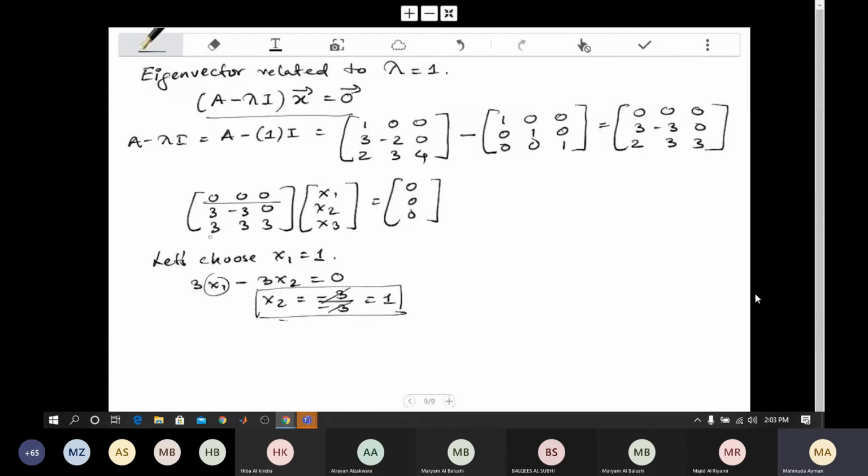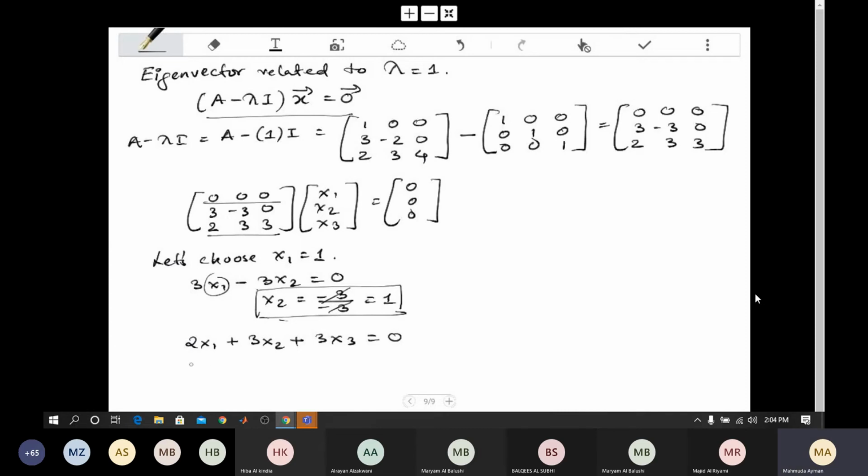And then if we now look at the third equation, okay, I wrote a value wrong here. This is supposed to be 2. We'll have 2 times x1 plus 3 times x2 plus 3 times x3 is equal to 0.